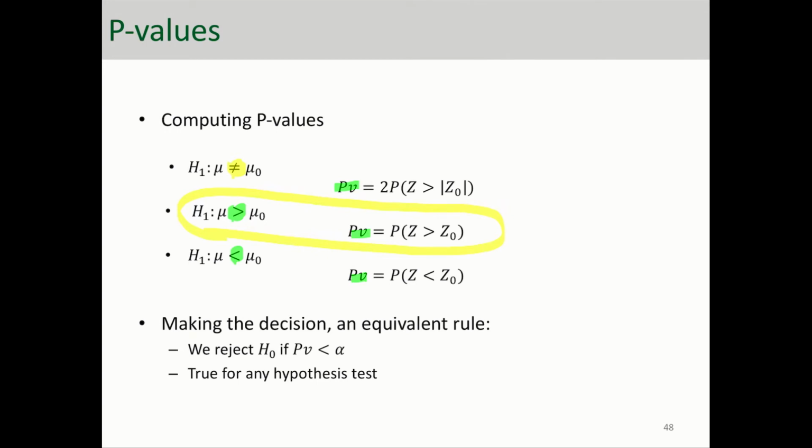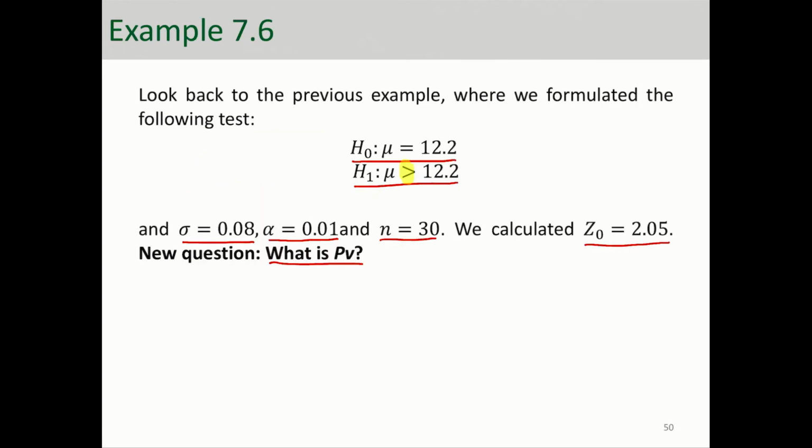So let's calculate that. P-value is equal to the probability of z greater than the z-score, and that is P of the z random variable being greater than 2.05.